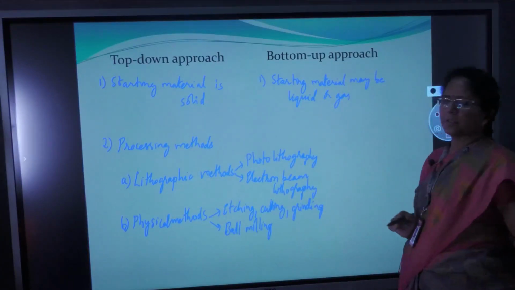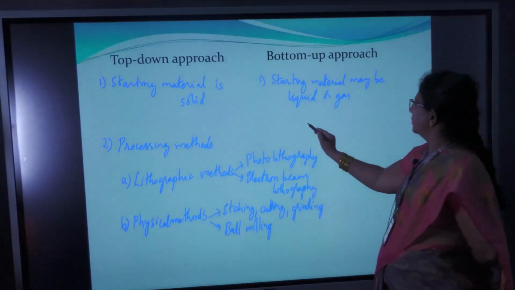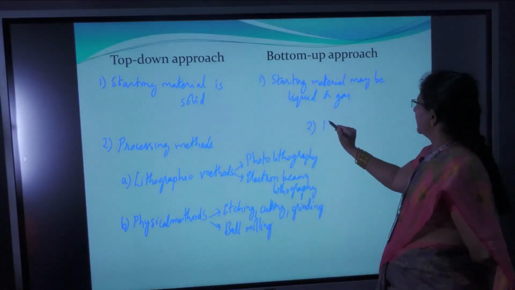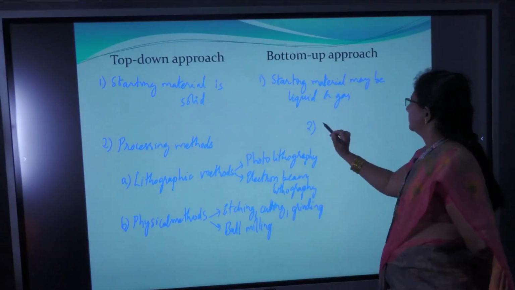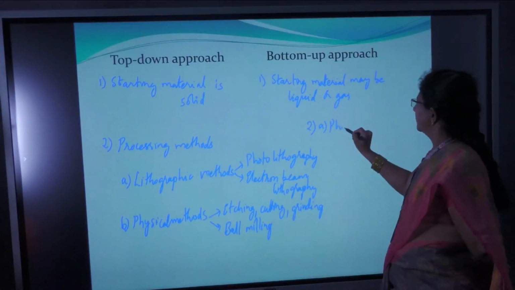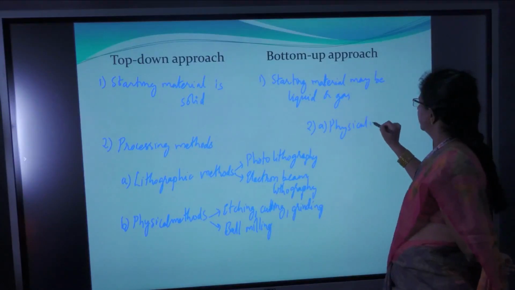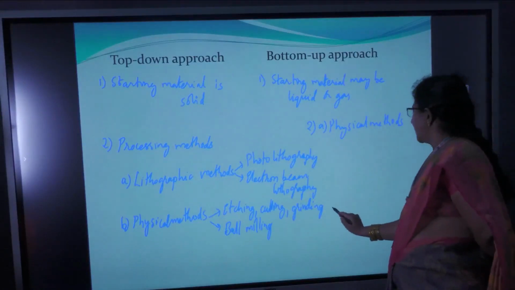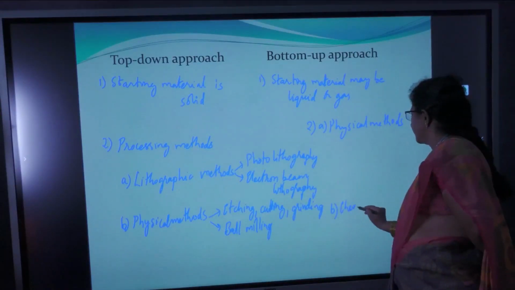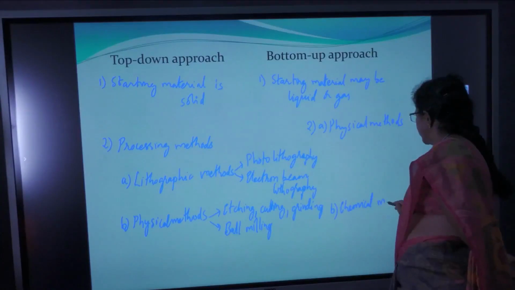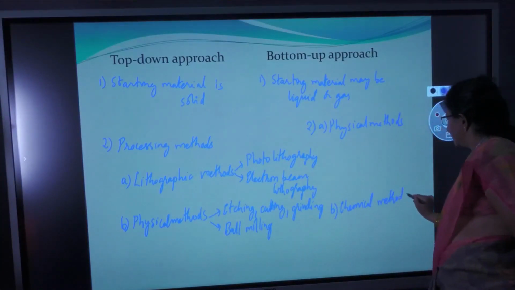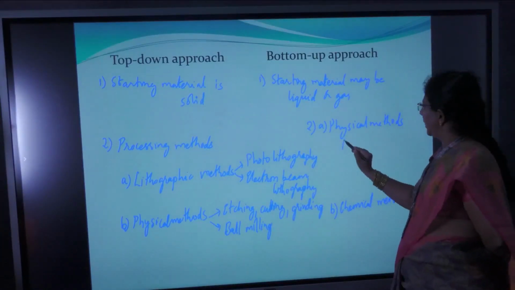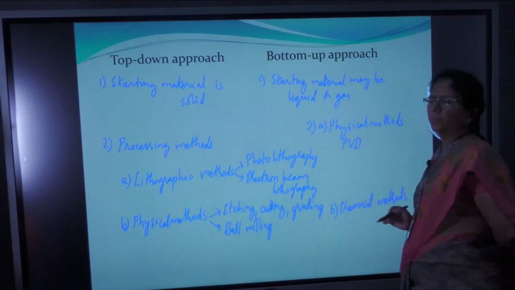Now coming to the processing methods for the bottom-up approach. The processing methods are physical methods and the second one is chemical methods. Physical methods means we can take physical vapor deposition.